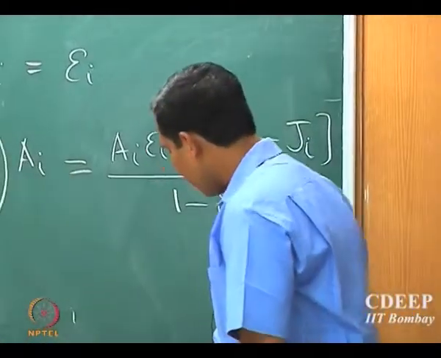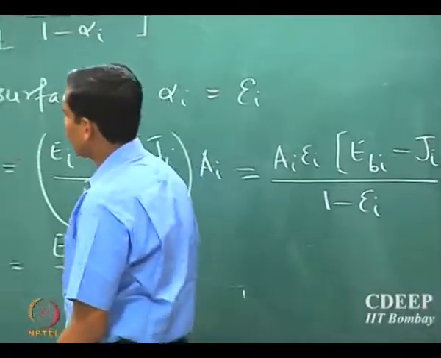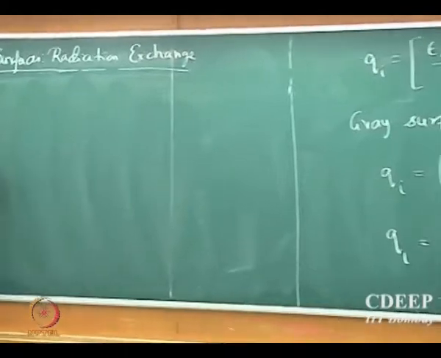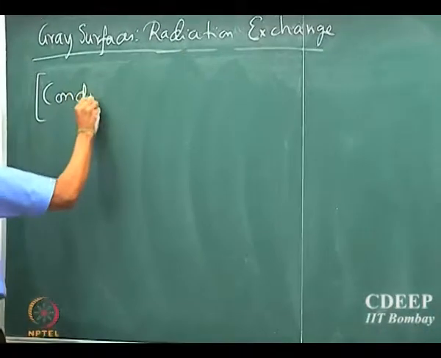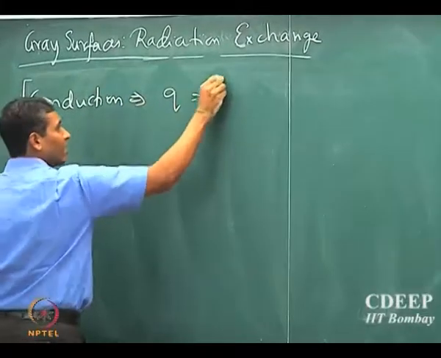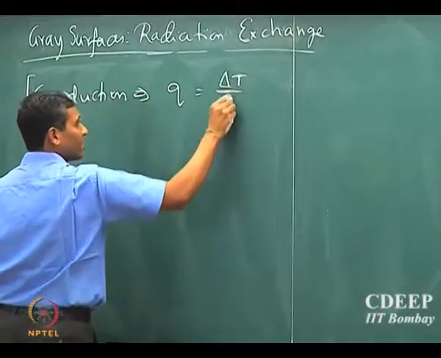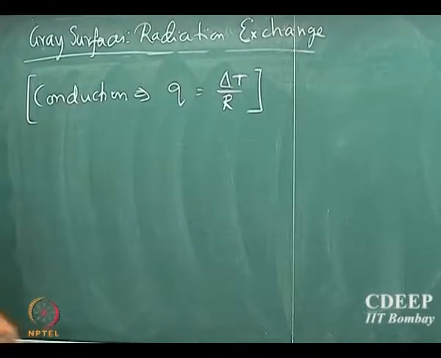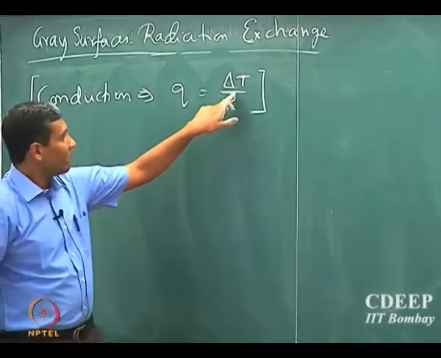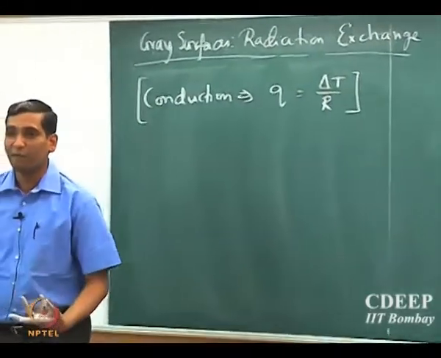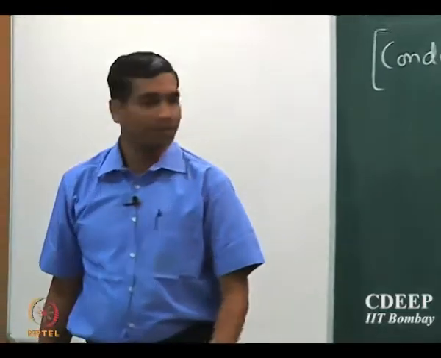In conduction we said that Q is delta T by the resistance offered by that system for conduction, where delta T, the temperature difference, is the driving force for heat transfer.